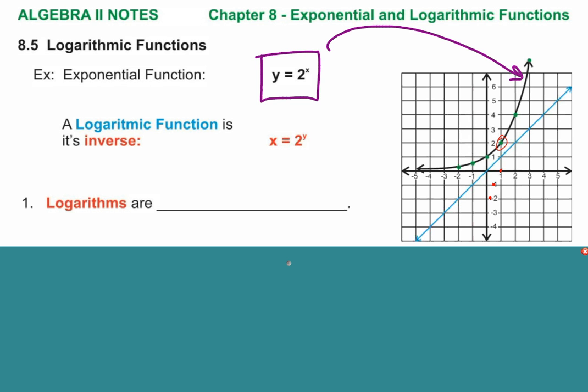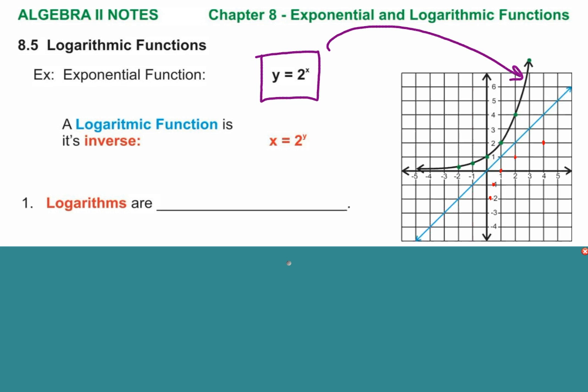Next point, 1, 2. So we're going to be at 2, 1. Next point, 2, 4. 4, 2. And finally, the last point is at 3, 8. So we'd be at 8, 3 if we were able to draw that.